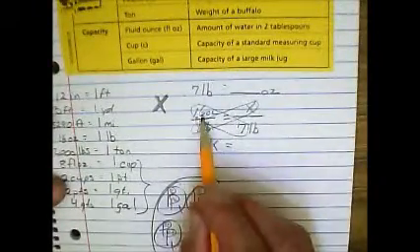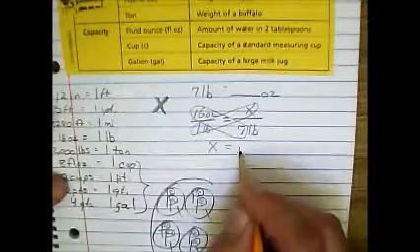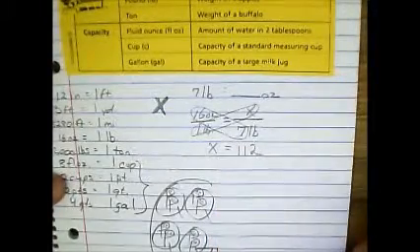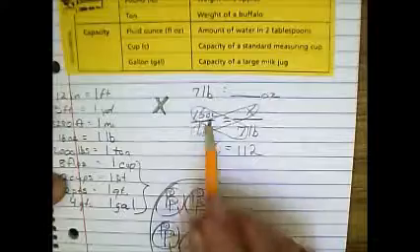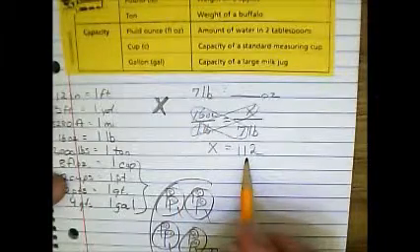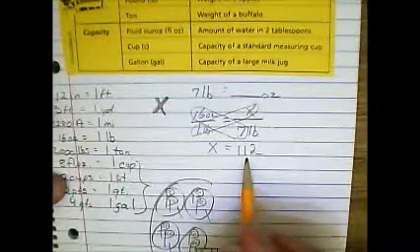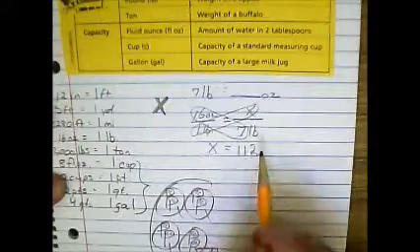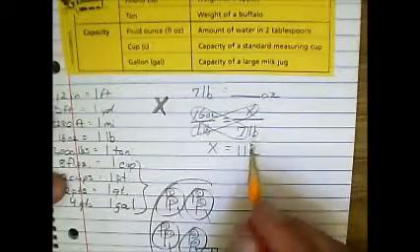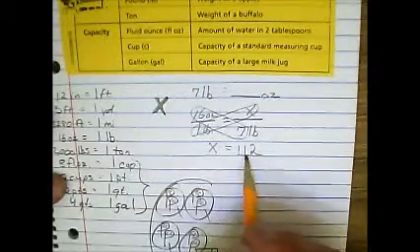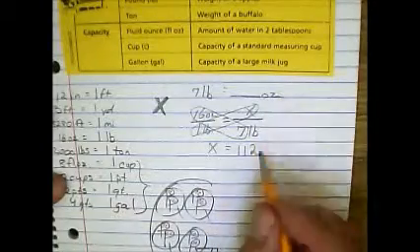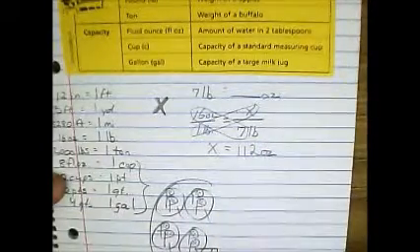If you multiply 16 times 7, that ends up equaling 112. Okay? 16 times 7 is 112. And we're talking 112 what? Ounces. So let's make sure we label our work on this.